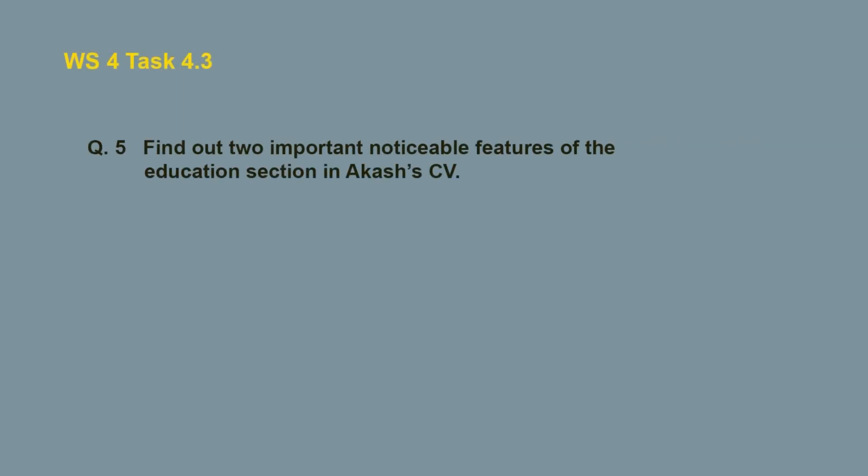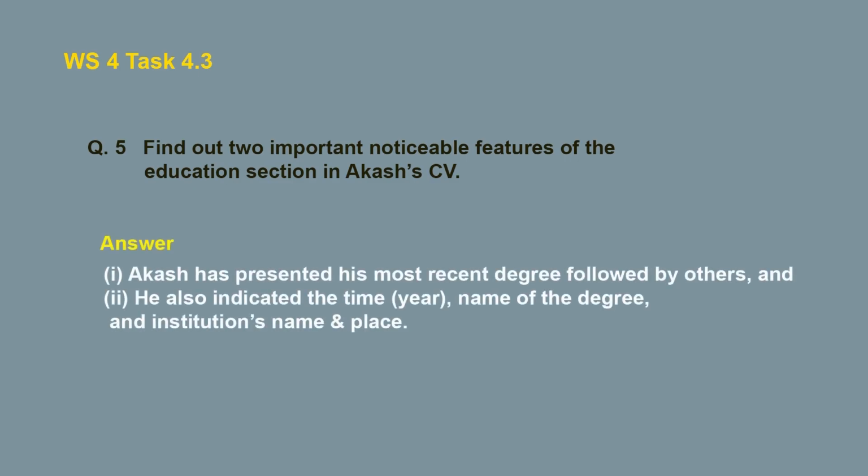Question number 5. Find out 2 important noticeable features of the education section in Akash's CV. Answer: number 1. Akash has presented his most recent degree followed by others. And number 2, he also indicated the time, name of the degree and institution's name and place.